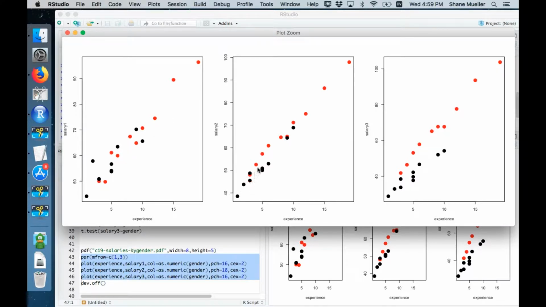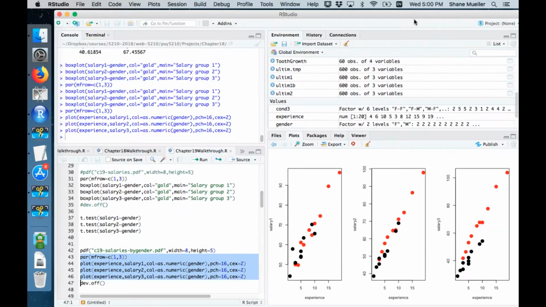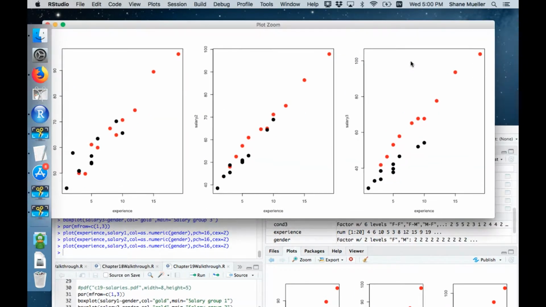But here's one where it looks like for equivalent levels of experience, men are making more money. So maybe there's one line here and another line here. And so maybe there still is an effect of gender even after experience is accounted for. And here's the third case, which is maybe even worse, because if you draw a line between these, it looks steeper.